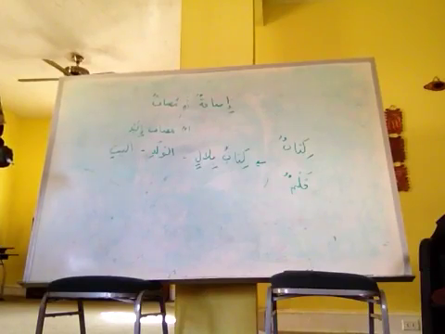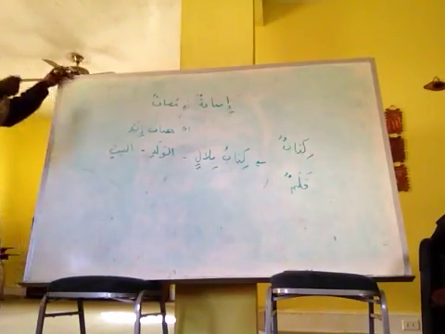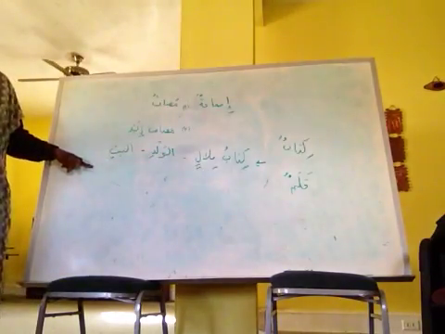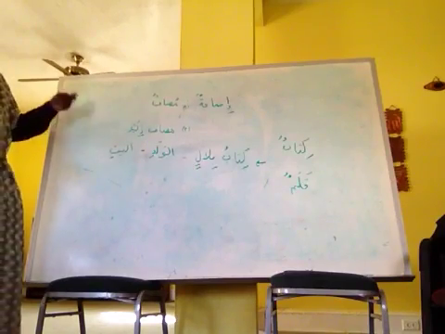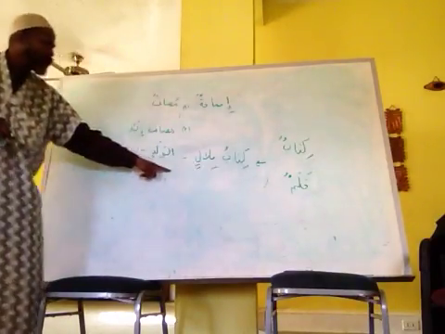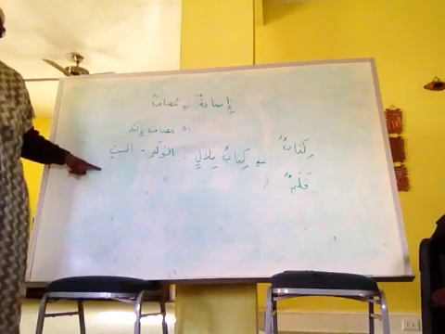So we're saying now if we have an attached pronoun, the attached pronoun is taking the place of the mudaf ilayhi. The attached pronoun, when you attach it to a noun, is taking the place of the second noun of the idafa.